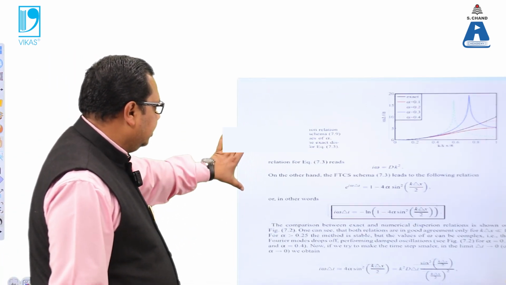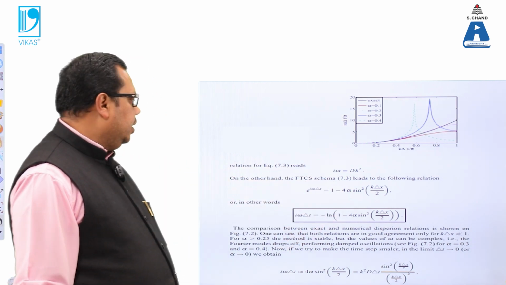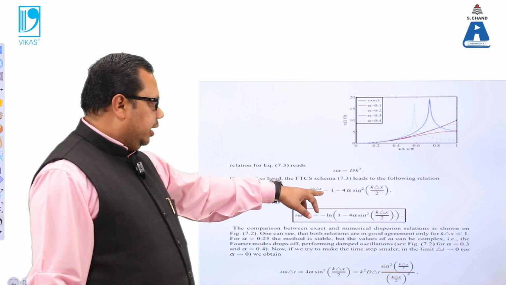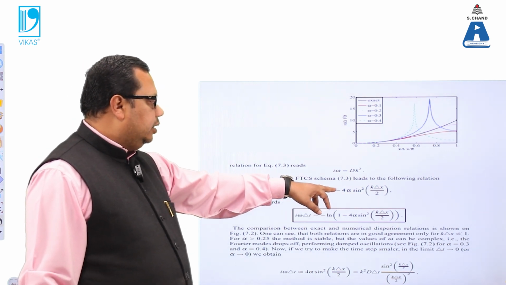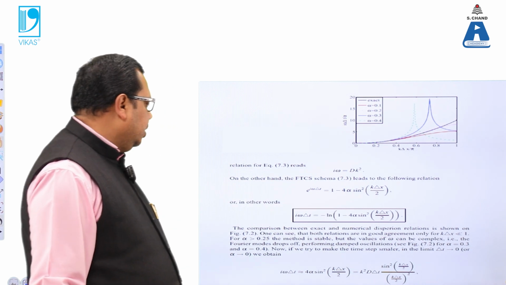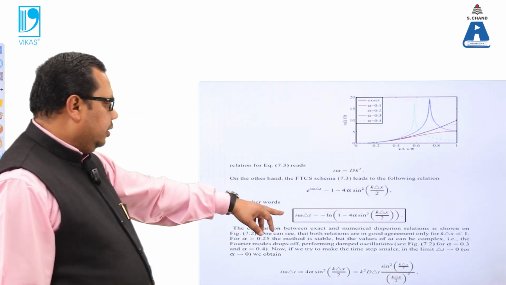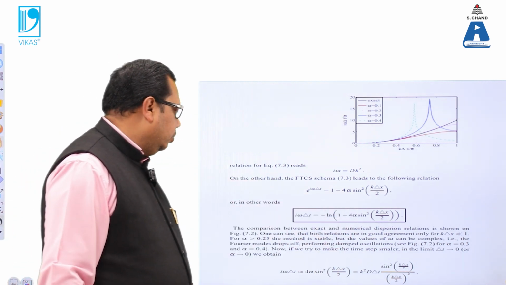Again we can see this relation, which is I omega is equal to D k square. So we put the value in terms of the exponential and calculate it here, which is 1 minus 4 alpha sine square k delta x by 2. So we can write down here I omega delta t, that is log of 1 minus 4 alpha sine square k delta x by 2.